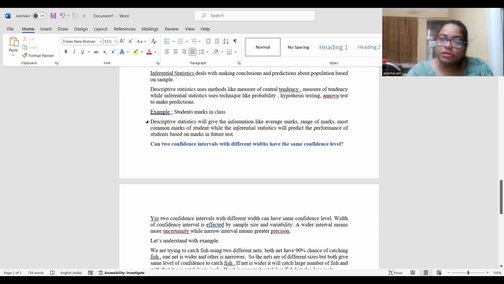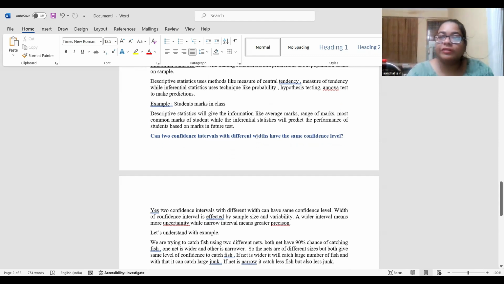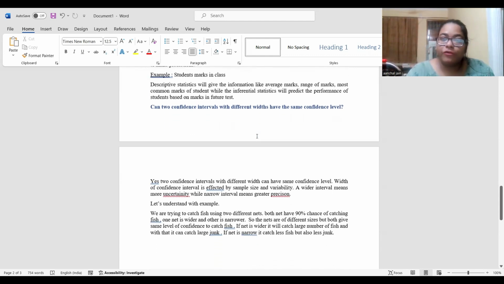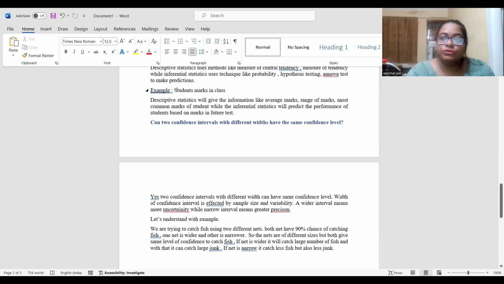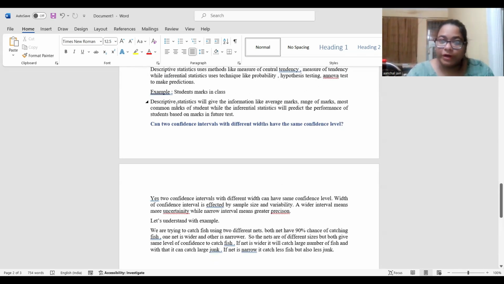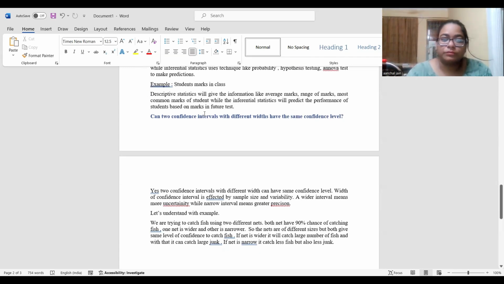And what inferential statistics will do here is predict the performance of the students based on these marks. Suppose a student has got 90 marks out of 100, so it will predict the performance of the student for future tests. So it will give the predictions.